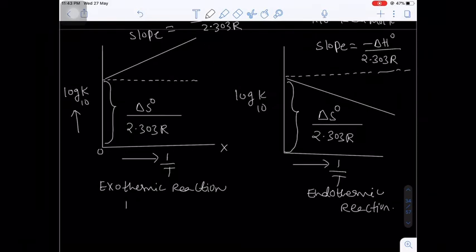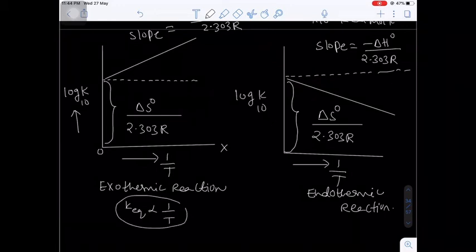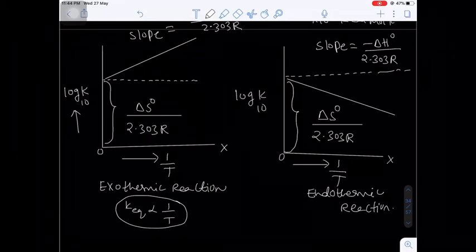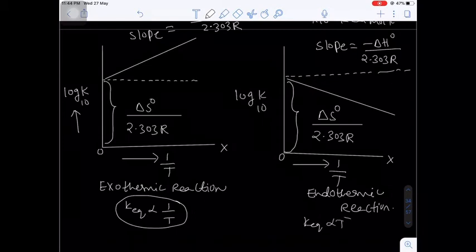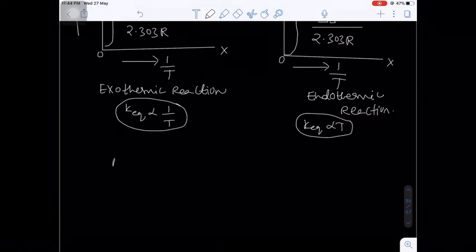T decreases, K increases, inversely proportional. That means an exothermic reaction. In the second case, 1 by T increases means T decreases, log K decreases, so K also decreases. That means the equilibrium constant is directly proportional to temperature. That is the endothermic reaction. So exothermic reaction and endothermic reaction. Are you getting my point?